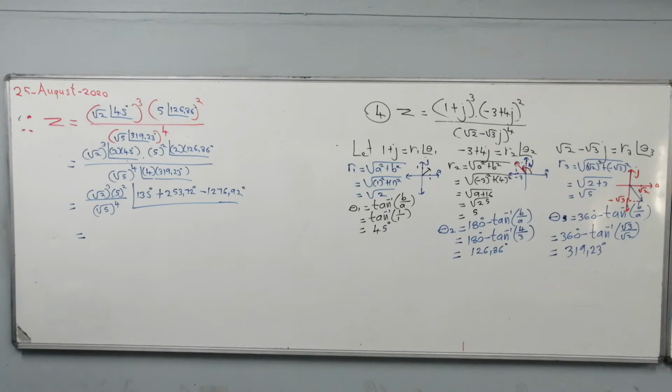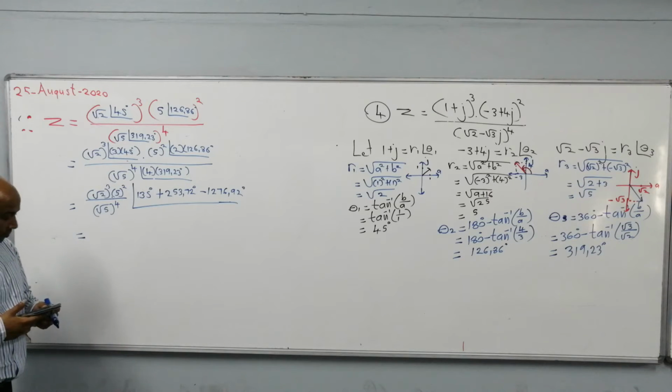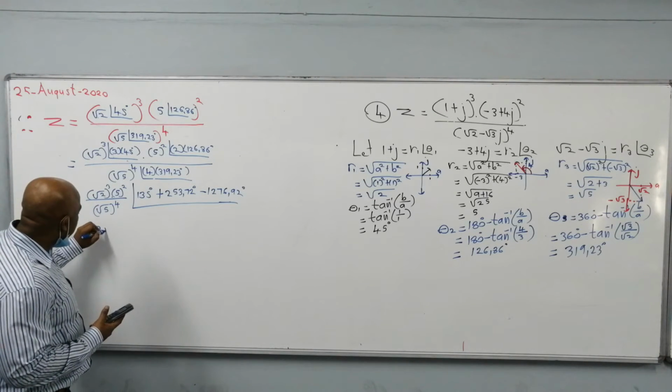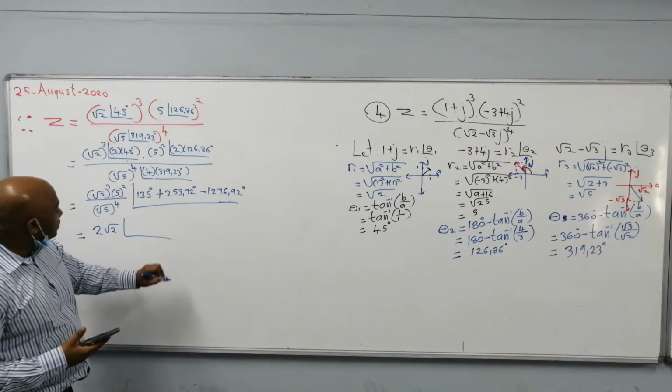Okay, so now let me work this part out, Jeff. Give me the calculator. So I need to work this part out, which is square root 2 to the power 3 times 25 divided by square root 5 to the power 4. So basically this simplifies to 2 root 2 here.